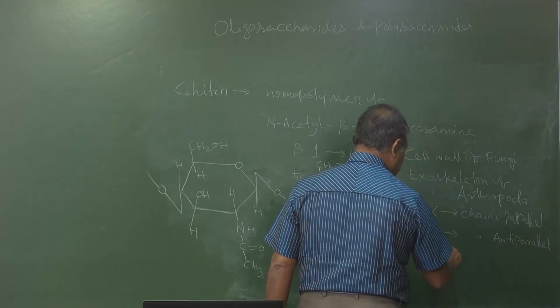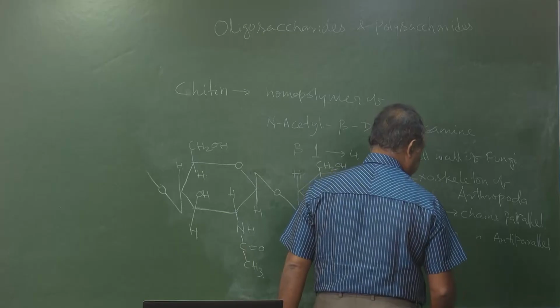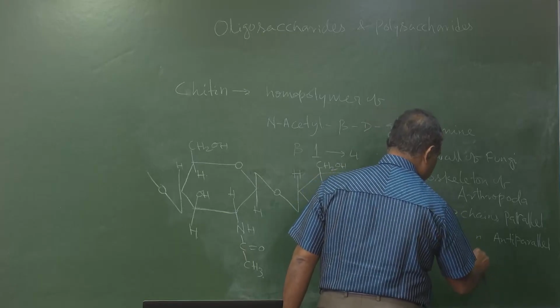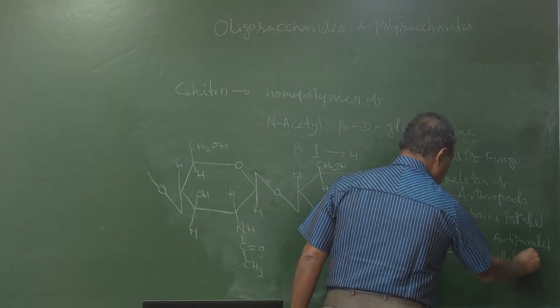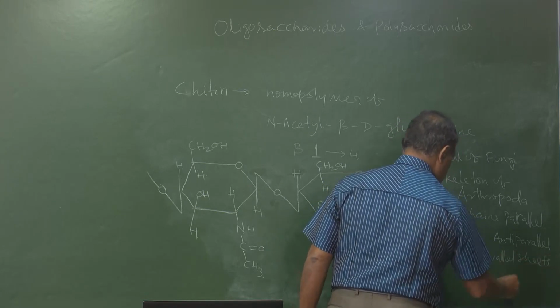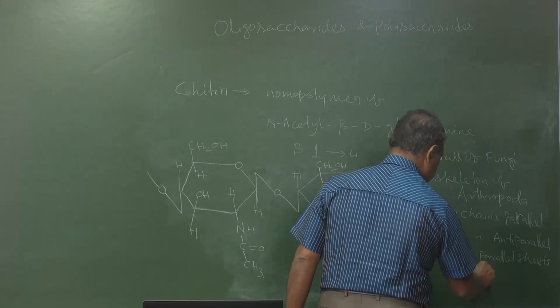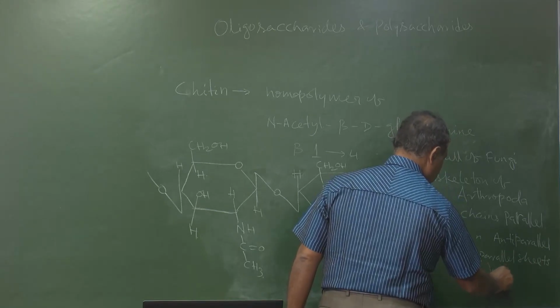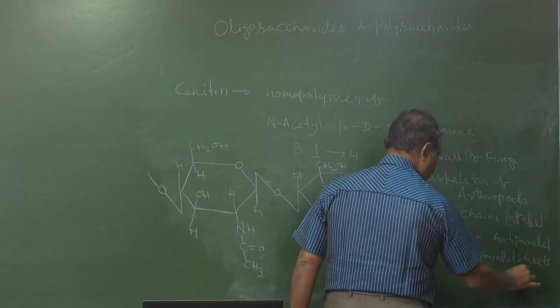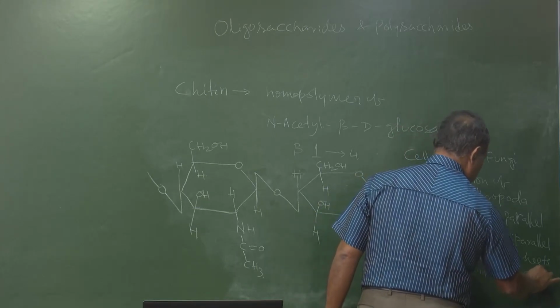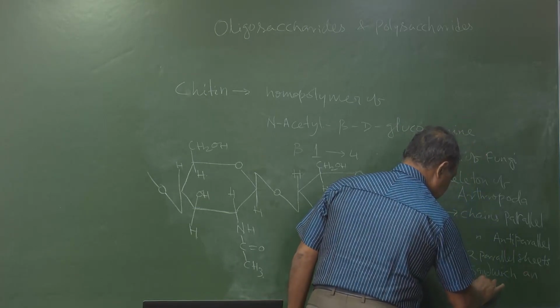In delta chitin, we will find two parallel sheets sandwiching an anti-parallel sheet.